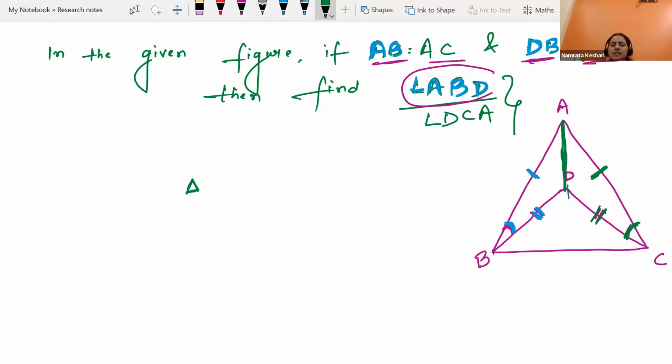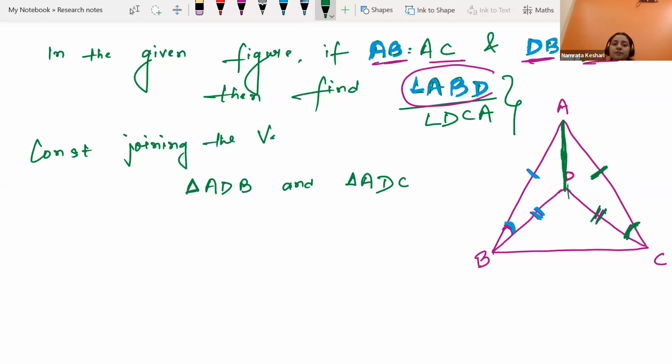Now we are checking, is it possible to prove that triangle ADB and triangle ADC are congruent? I have not drawn a bisector. I have just drawn according to our construction, joining A and D. Just we are joining the point A with point D. Is it possible to prove these two triangles ADB and ADC congruent?